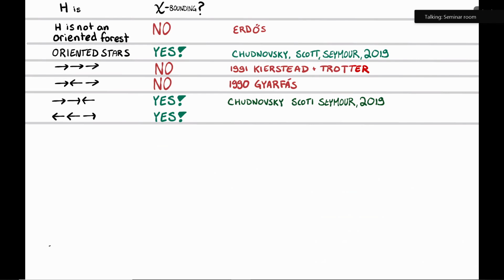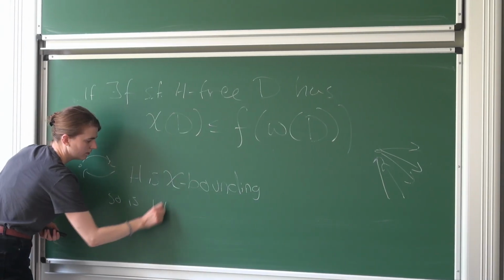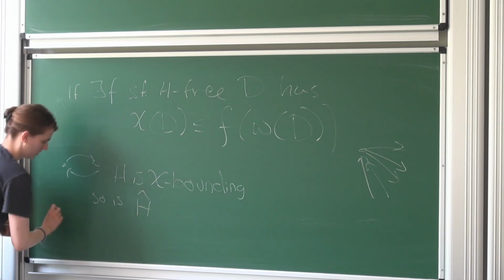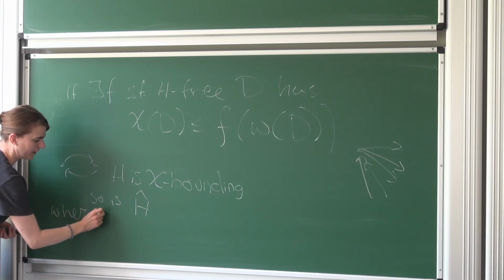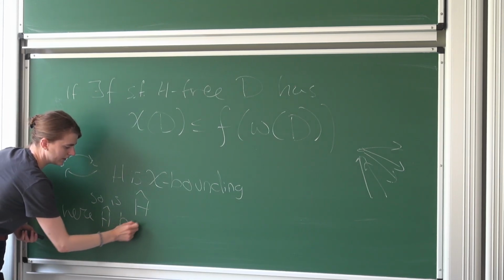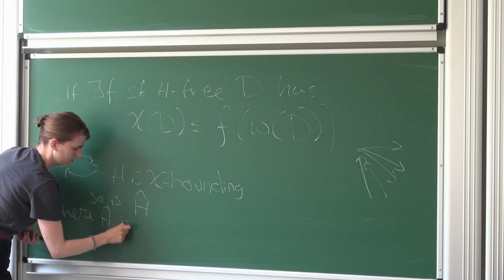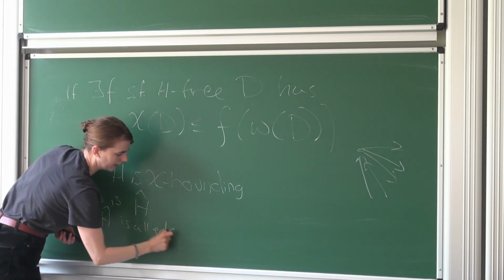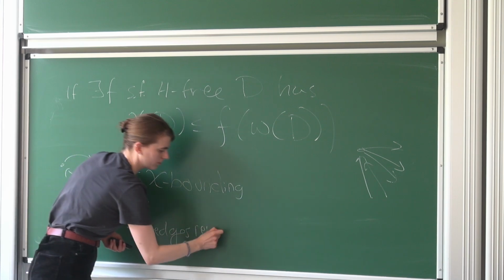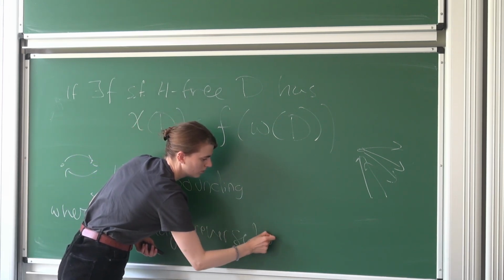As a small remark, they're kind of the same case, because if H is chi-bounding for some digraph H, then so is H hat, where H hat is obtained from H by reversing all edges, that is, all orientations.